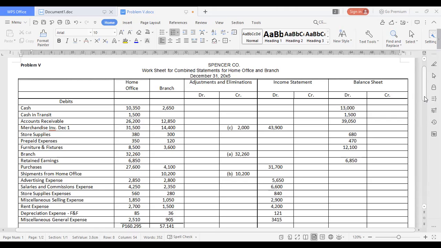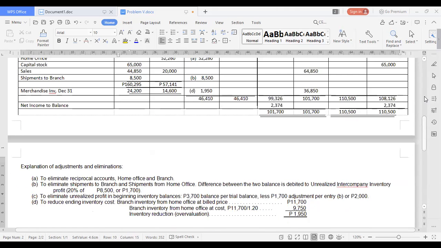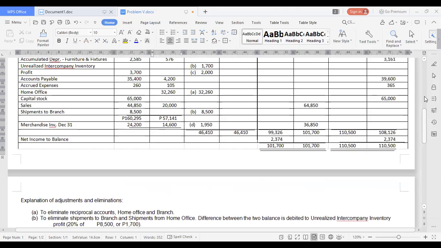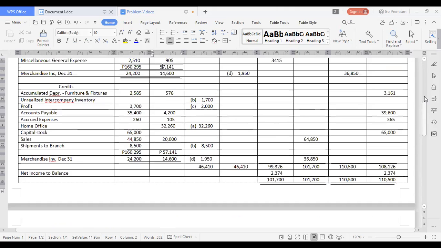Taken as beginning balance 700, then we deduct 120, we added 105 and added 220. The final balance of the account in the books of the branch is 905.